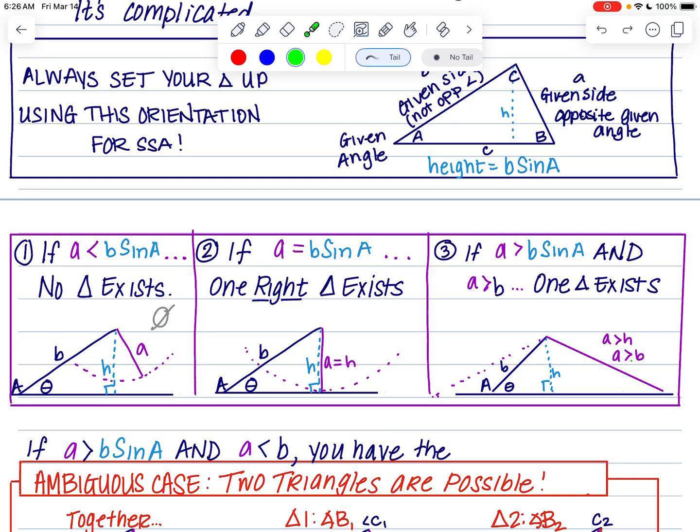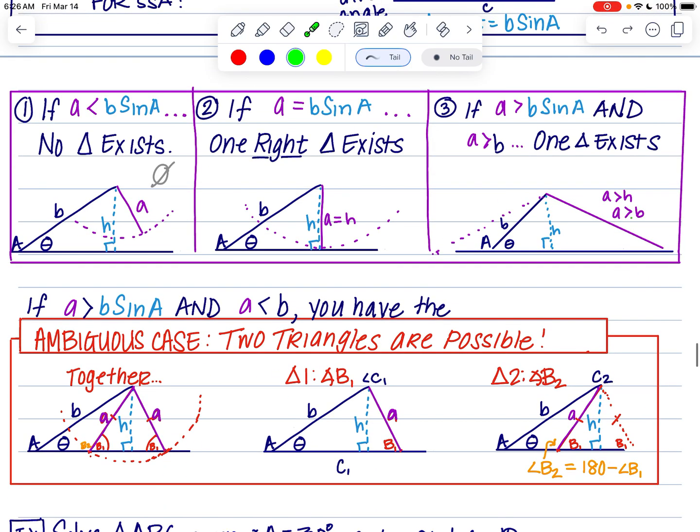Exactly one, no more. Now, here comes the fun part. If the side that you're given is longer than your height, but less than the side that is adjacent to angle A, so this little side A is going to be shorter than B, but bigger than the height, you don't just have one triangle, you have two with that information.